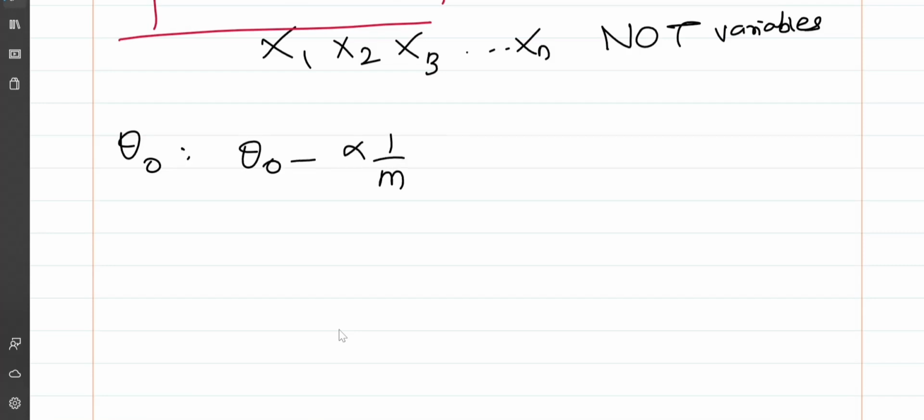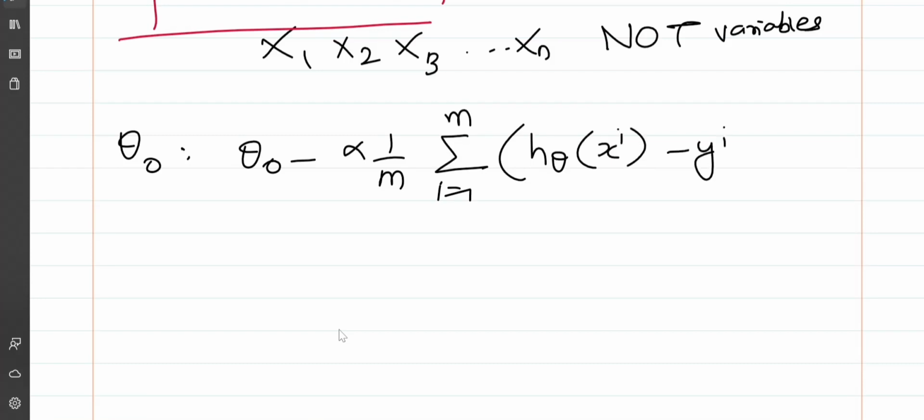So this will be i equal to 1 to m, and similarly when we are doing theta 1, we have to replace all the subscripts by 1.